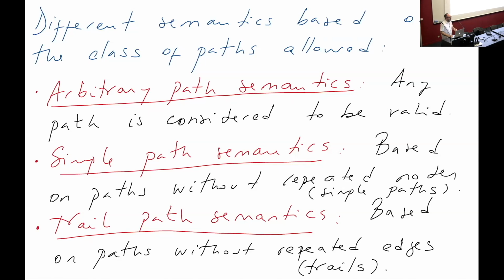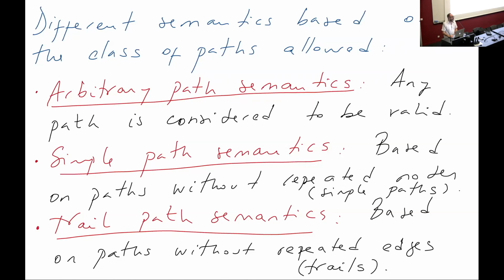If you want to find flights from one city to another, you don't want to find flights that go twice over the same city. That doesn't make sense, even if you are satisfying your regular expression, right? So you could have a semantics that is based on simple paths.